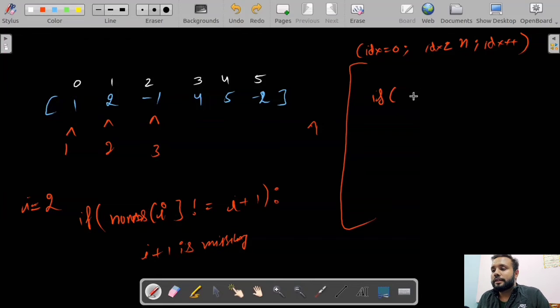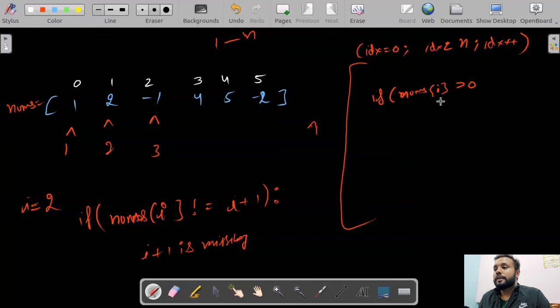What I was saying at that time: if nums of i, nums is this array, and this is my handwriting, if it is greater than 0, we need to check the numbers from 1 to n, in range 1 to n.